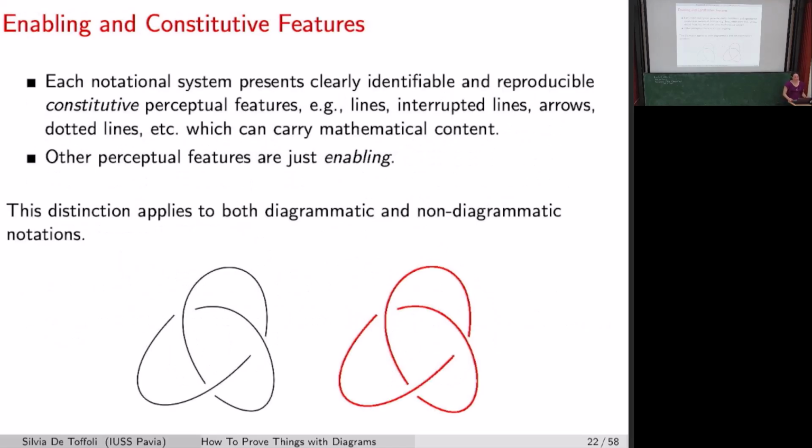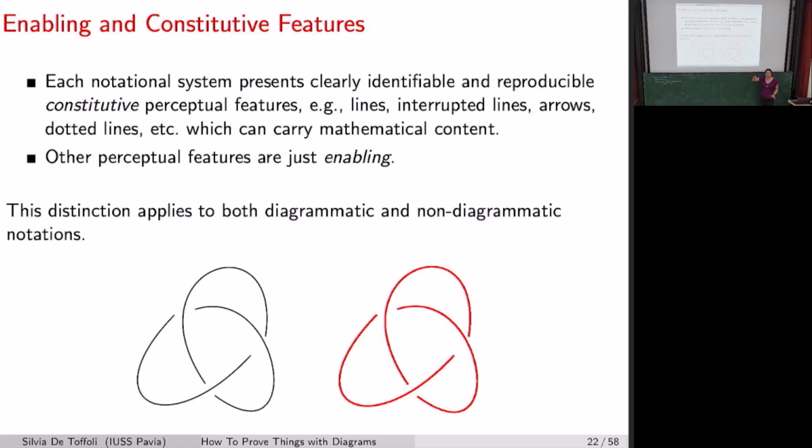So there are some properties that are not important. I think it's crucial to distinguish between what I call enabling and constitutive features of a notation. Each notational system presents clearly identifiable and reproducible constitutive perceptual features, like lines, interrupted lines, arrows, etc. And other features are just enabling. So the color in this case is just enabling.